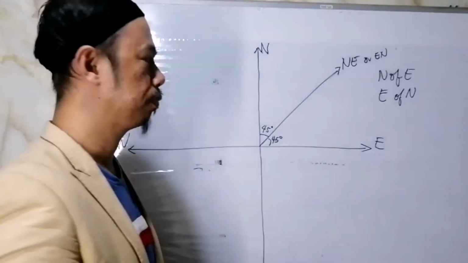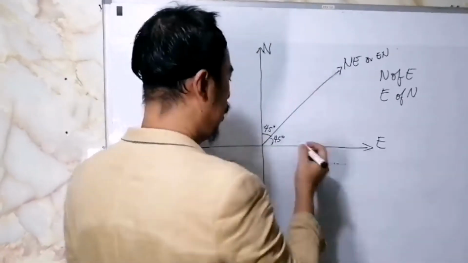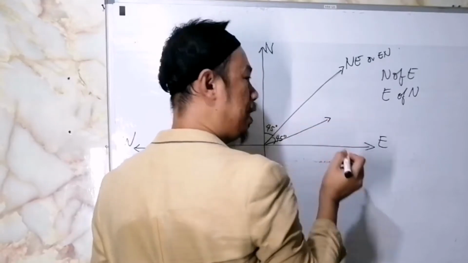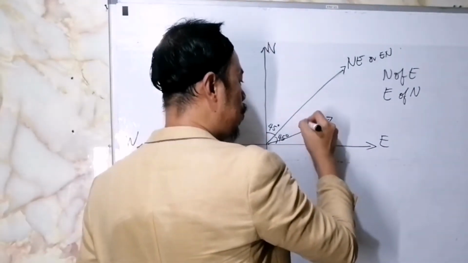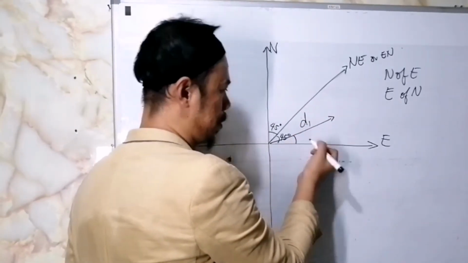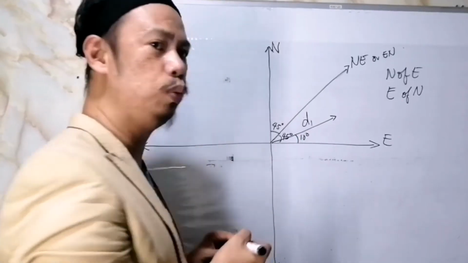Okay? Now, suppose that the vector is located somewhere here. Let's name this D1. Suppose D1 is located here, 10 degrees. So how do we name this one?